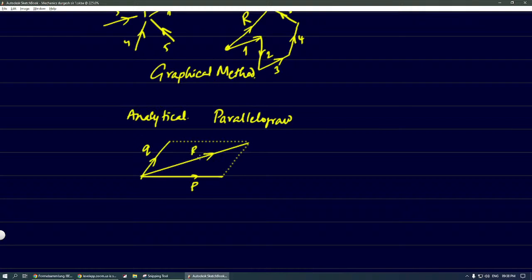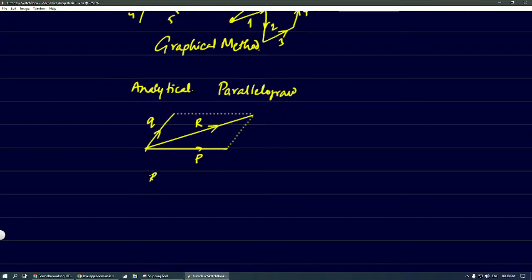This diagonal is the resultant, and according to the cosine rule, R square is equal to P square plus Q square plus 2PQ cos of the included angle, the included angle being, let us say, alpha or theta. So this is the parallelogram law.